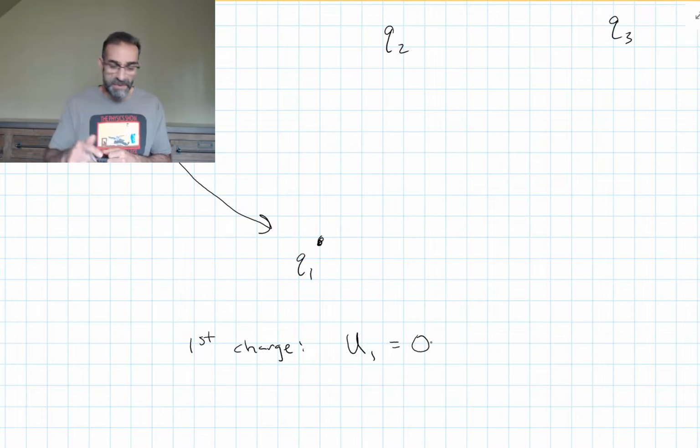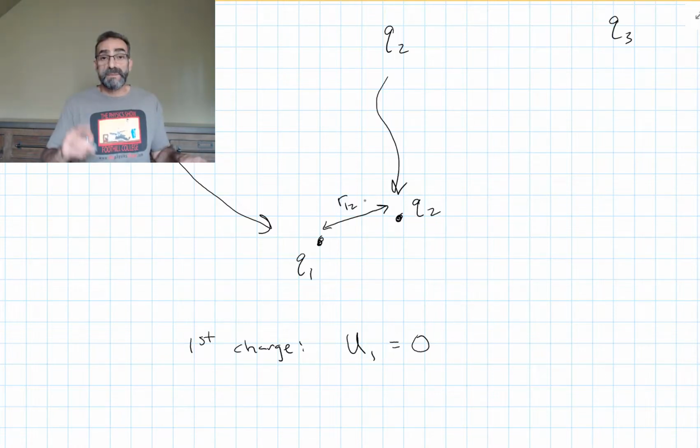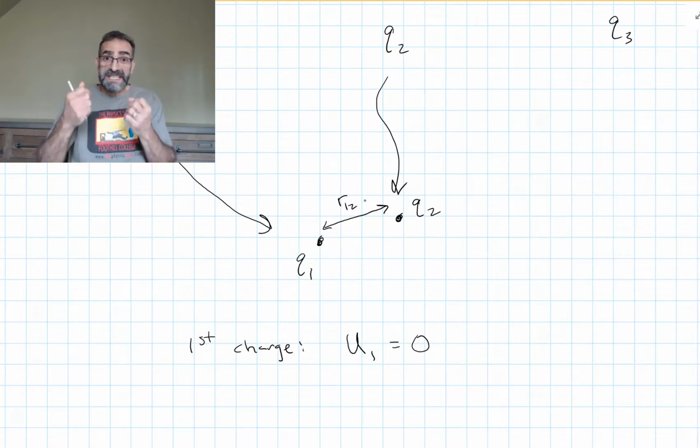Now let's bring Q2 in. We brought Q2 in, and it's a distance R12 away from the other charge. This time we had to do a little bit of work because there's a charge there that's interacting with it. If they're the same sign, we had to do positive work.